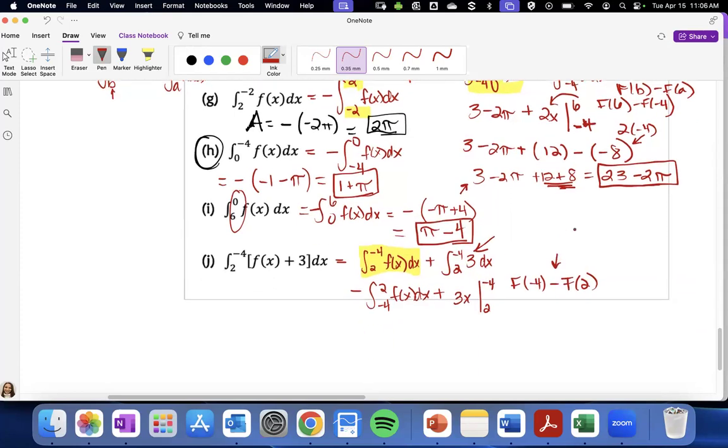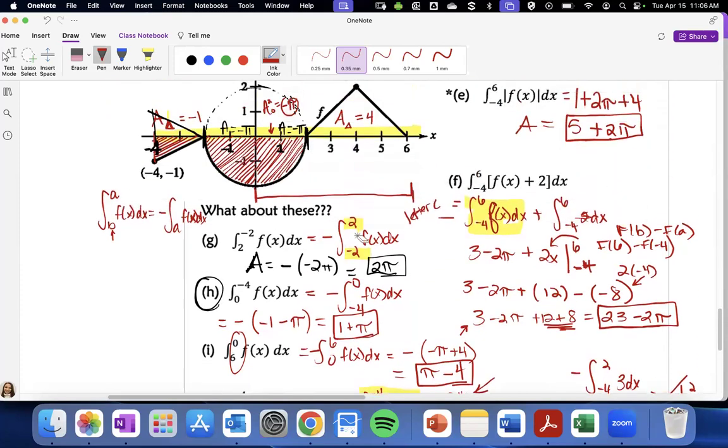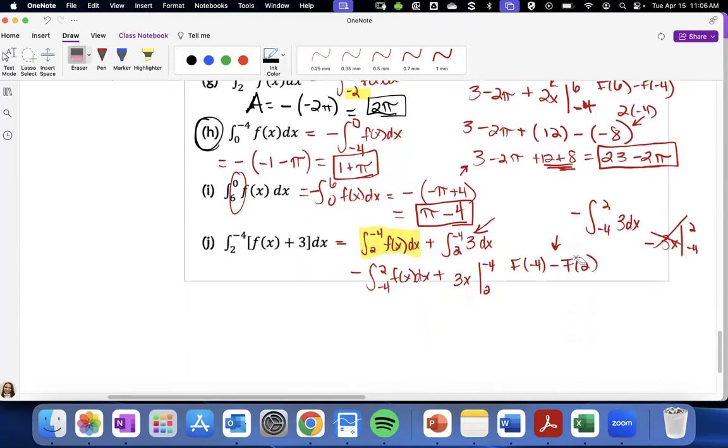So again, you could do the opposite of -4 to 2 of 3dx if you want, but it's just going to be a little confusing. You'll have a lot of negative signs. So I don't love it, so I chose this way. Why don't you flip that one? Because it's analytical.